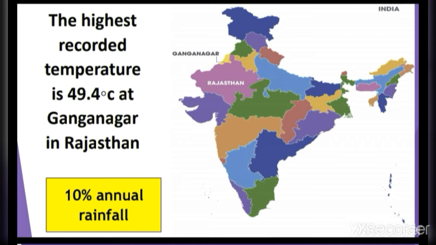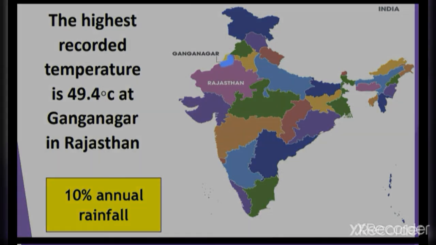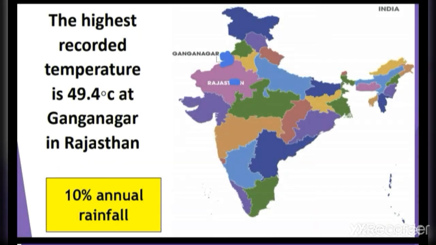This is Rajasthan, and Ganganagar is here, where 49.4 degrees Celsius was recorded. Only 10% of annual rainfall occurs in the summer season.